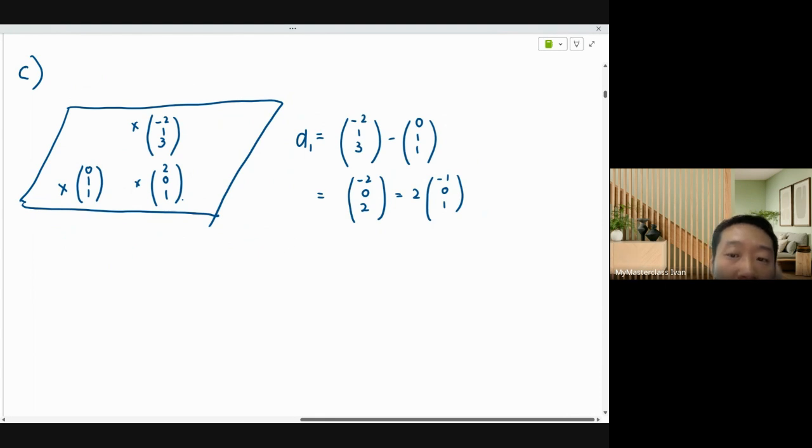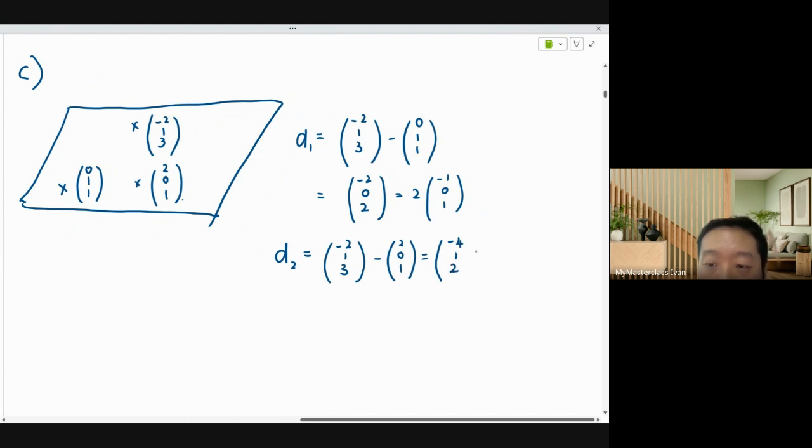So I have D2, which is from another two points. This will give me (-4, 1, 2). Now we have two directions already.